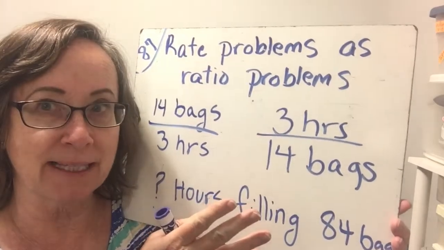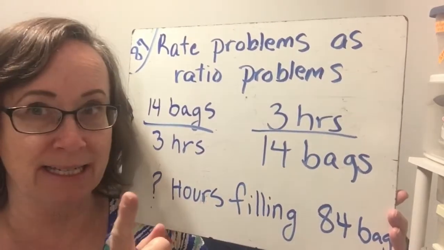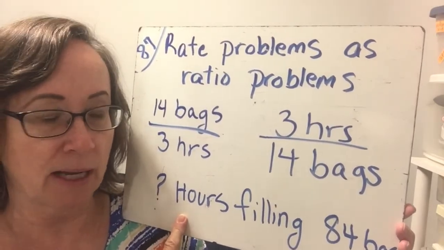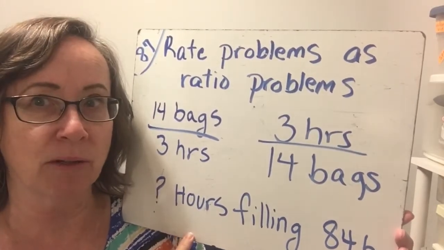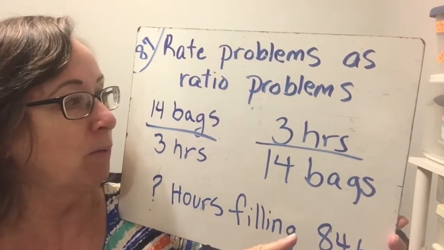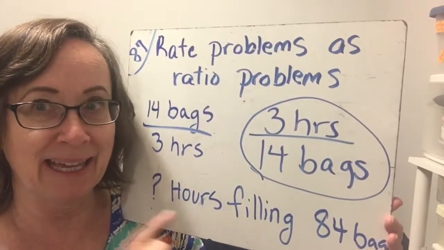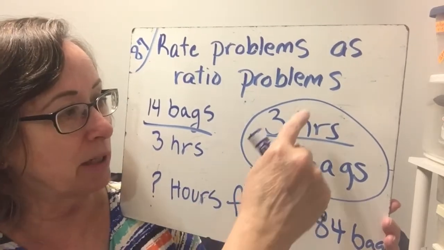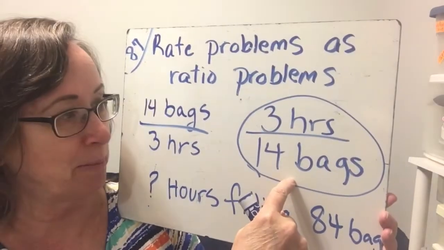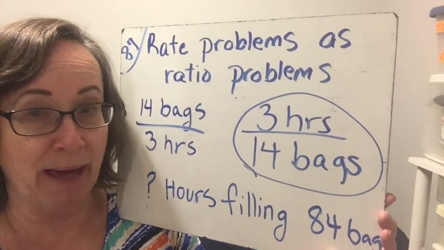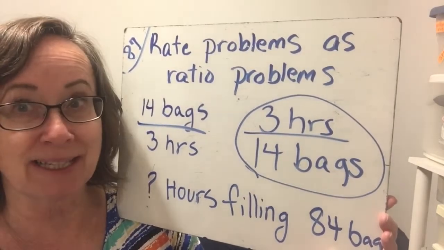Either one of them is a valid ratio, but what we want for our question is how many hours. Since we want to know how many hours coming out of the problem, we want hours to be on top going into the problem. So what we're going to do is take 3 hours for 14 bags. We're going to multiply by 84 bags. And that's going to give us our answer.